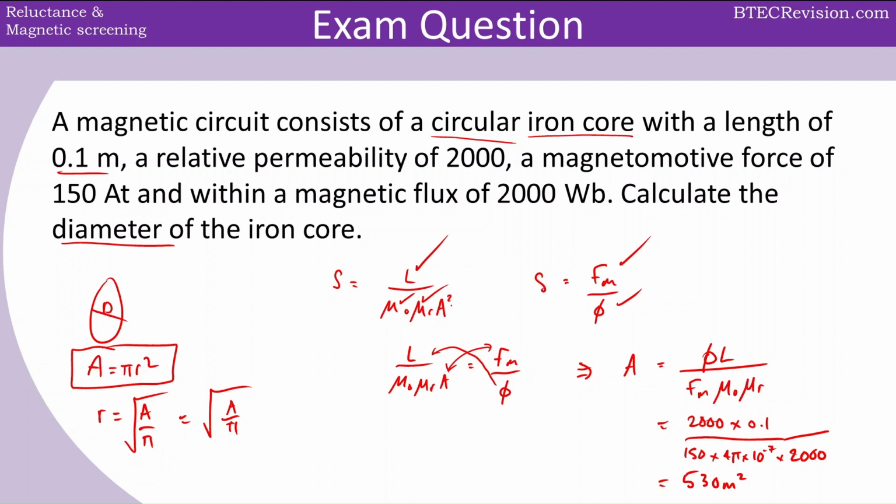Square root our answer, and the radius is 12.99 meters. We times that by 2. Diameter equals 2 times the radius, and that gives us a value of 26.0 meters.